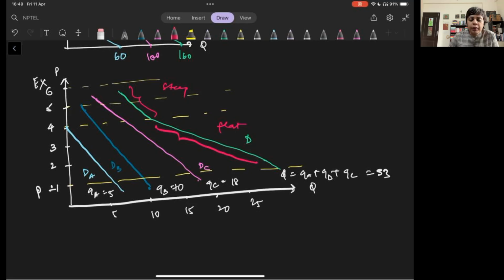For certain prices, all 10 buyers want to buy. For certain prices, only a few of them want to buy. For certain prices, only one of them wants to buy, right? So for the prices for which all the buyers want to buy that good, the demand curve will be far, far more flat than any other individual demand curve. Make sense? Flat means what? The quantity is much, much higher than any of the individual quantities.